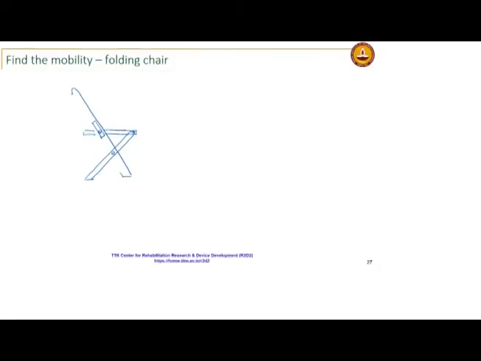It is not very sensitive. So, excuse my drawing because it is not letting me erase part of the line. But if I have a folding chair which has a pin that is attached to the seat, okay, that can slide in the slot in this backrest link, okay, what would be my mobility?